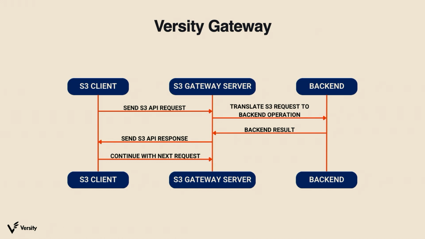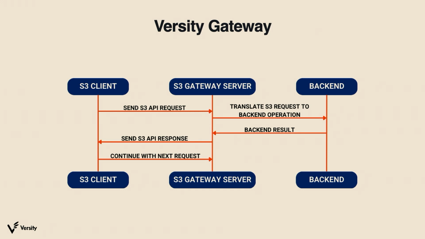So the way that the gateway works is that it pretty much just acts as like a protocol translator. We have pluggable backends, and so the S3 client sends your incoming requests into the gateway. The gateway parses the request and handles all the rules of like the S3 spec and stuff, validates the requests, checks the authorization and stuff. And then that translates the request programmatically into an easier to handle backend request.